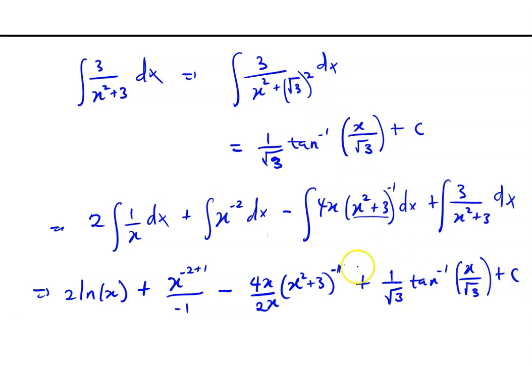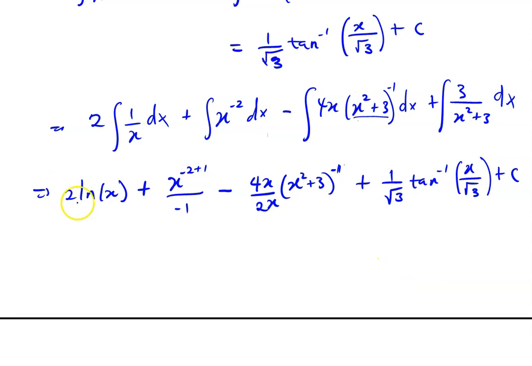I've already done this. So what is the final answer here? I'm going to get 2 ln x minus, because the minus is going to counter. So minus 1 on x, because I'm going to get minus x. When I simplify this, I'm going to get minus 1, so 1 on x.